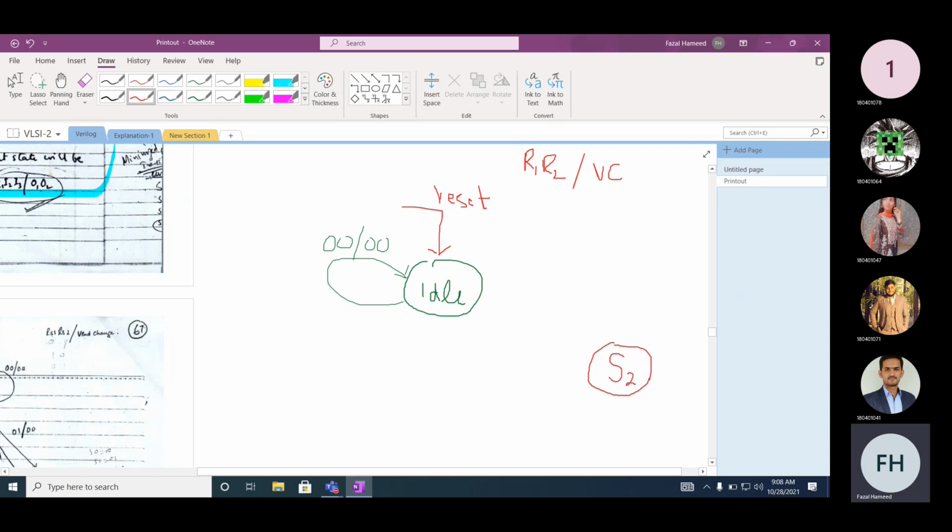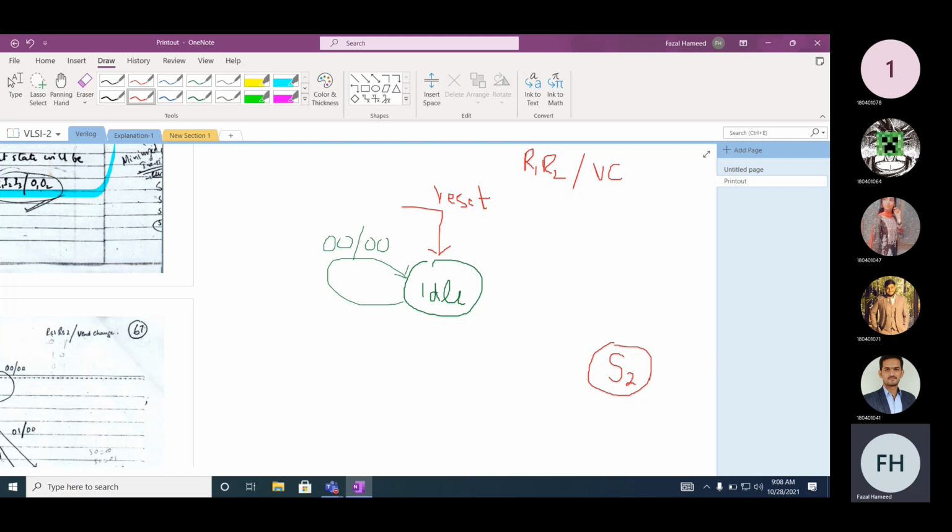Can we define that S2 is a state that shows that the system has an accumulated sum of ₹2? You can reach this state when the user inserts a ₹1 coin and then another ₹1 coin, or when the user inserts a coin of ₹2. There are 2 possibilities. So now we are studying the first possibility.